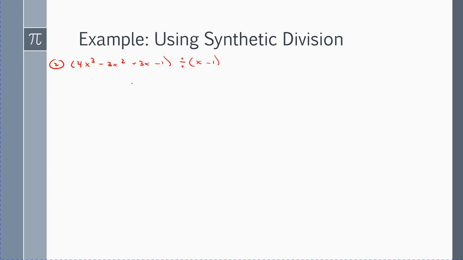When I set this up, I don't put minus 1 over here. This is important. It's x minus c, so my c is 1. And then cubed, squared, x, and then a constant. So I just bring over the coefficients, which are 4, minus 3, 3, and then minus 1.